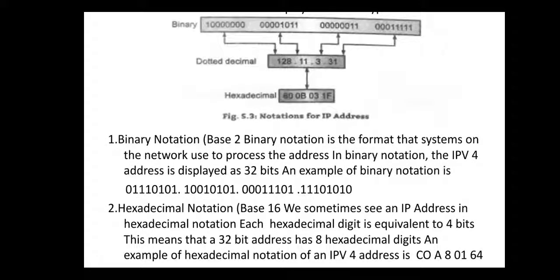Next is hexadecimal notation, where the base is 16. We sometimes see an IP address in hexadecimal notation. Each hexadecimal digit is equivalent to 4 bits. This means that a 32-bit address has 8 hexadecimal digits. Okay, check here.